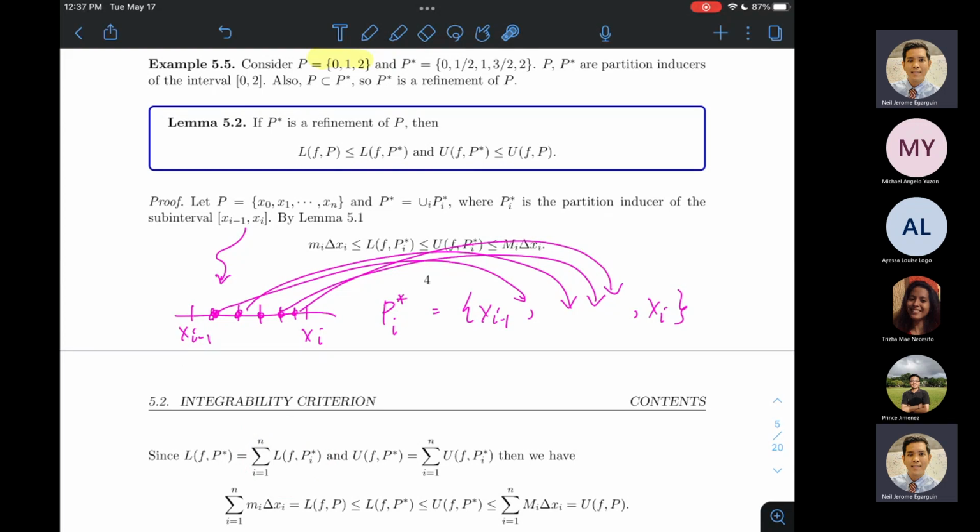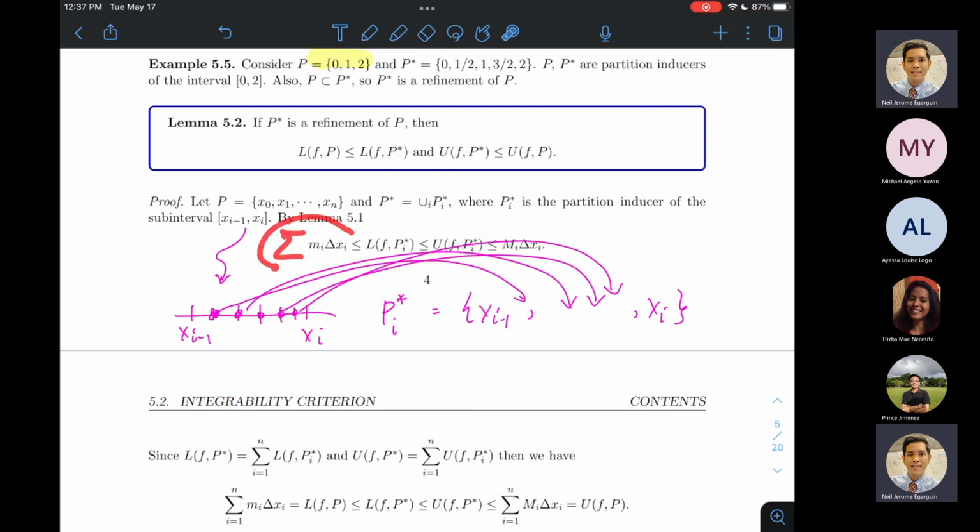Okay? So ibig sabihin, pag kinuha ko yung summation yan, summation ito, summation yan, summation ito, ito, siya lamang yung lower Riemann sum ni F relative to P star. Ito naman yung upper Riemann sum ni F with respect to P star. Okay?